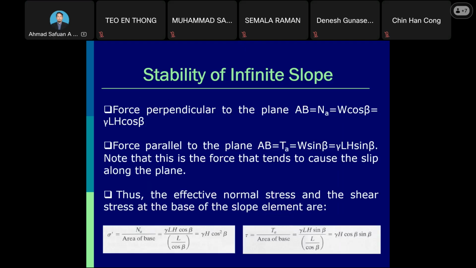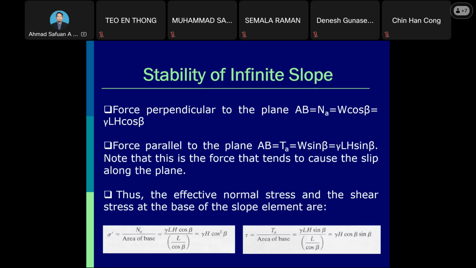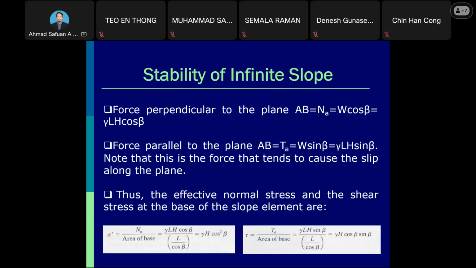The force perpendicular to the plane, which is NA. The plane is AB. NA is equal to W cos beta.